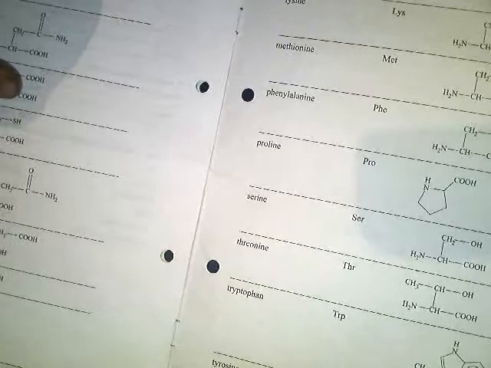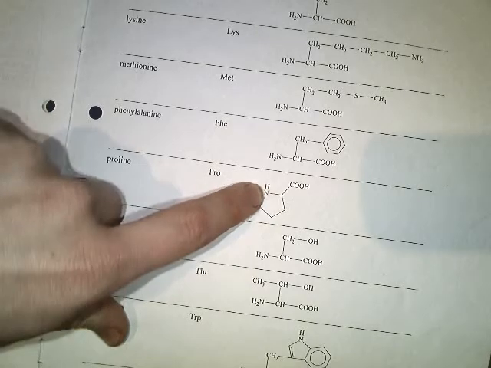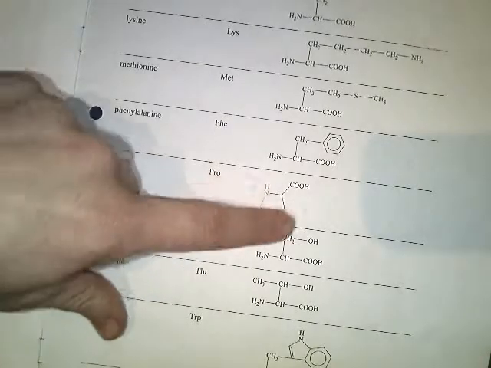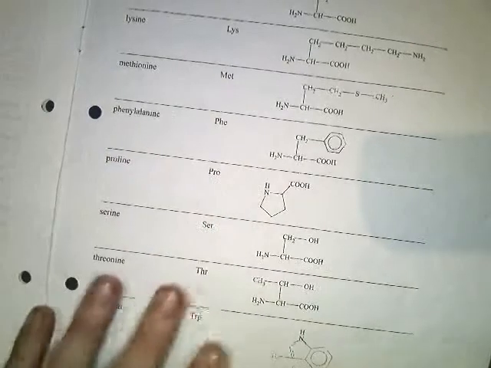I'll show you an example where it doesn't have a H. Where's proline? In proline, the amino group is actually connected to the Z group. It's very strange. Proline's a bit odd. But other than that, they all have that typical structure.